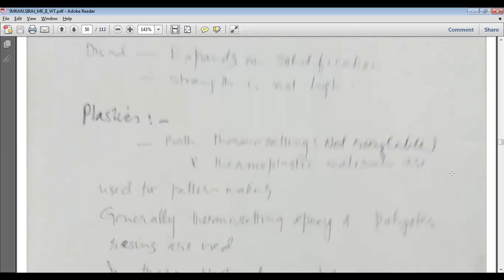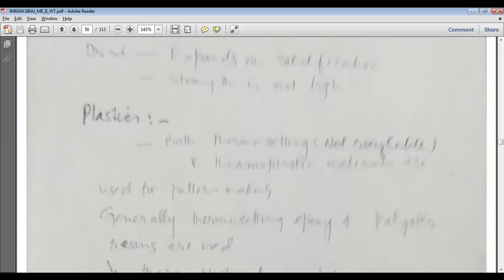Thermosetting plastics are high in quality with good surface finish, whereas thermoplastics are poor in surface finish and look-wise also. They have high density and many impurities. Sorry, thermosetting plastics cannot be recycled, whereas thermoplastics can be recycled.